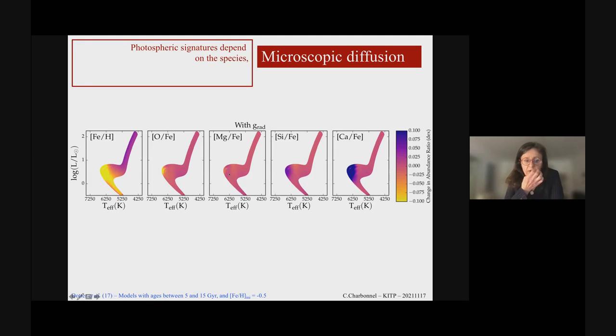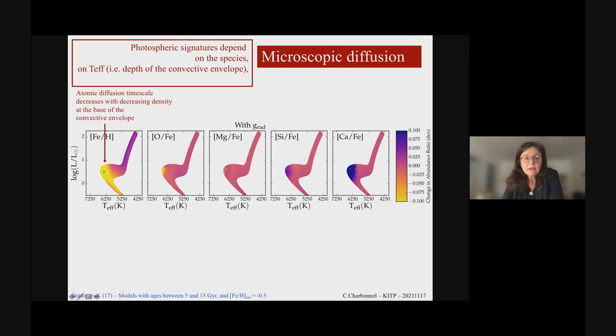Here you have a nice collection of plots that shows the predicted variations of different elements from iron to calcium for stars of different ages and for this metallicity. And the first thing you see, as previously, is that the photospheric signatures that are predicted in a model depend on the species. It also depends on the effective temperature.